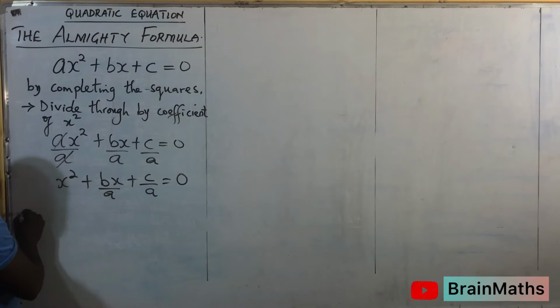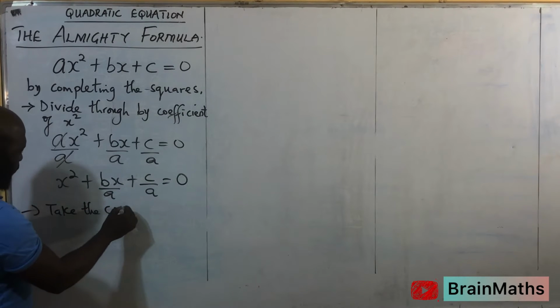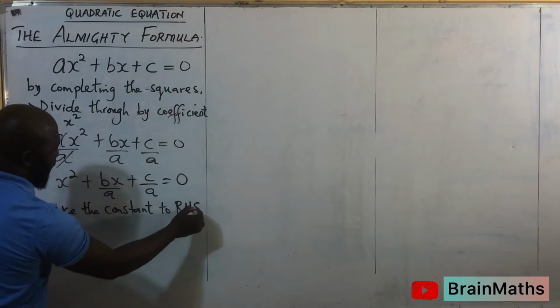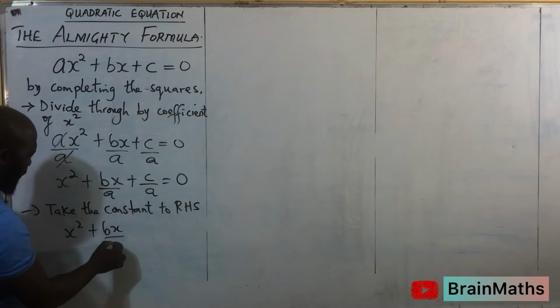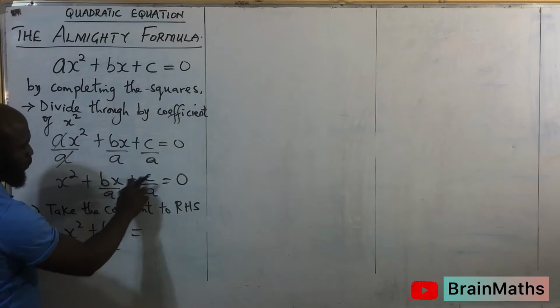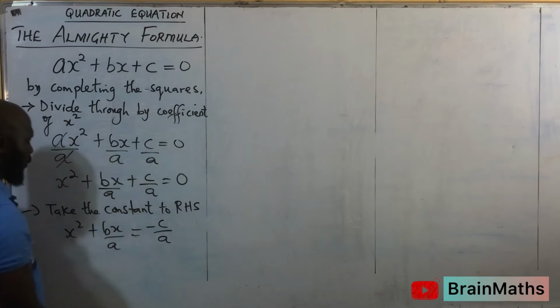So step 2, take the constant to the right hand side. So we have x squared plus bx over a equals, the positive c over a becomes negative c over a.